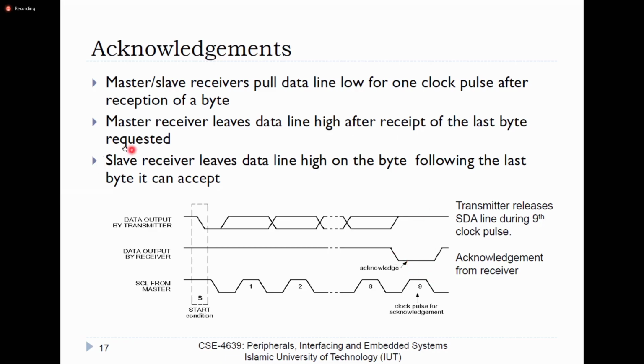Or if the slave is receiving, it will also maintain the data line high after receiving the one byte, following the acknowledgement signal. So this is how the acknowledgement can be transferred.